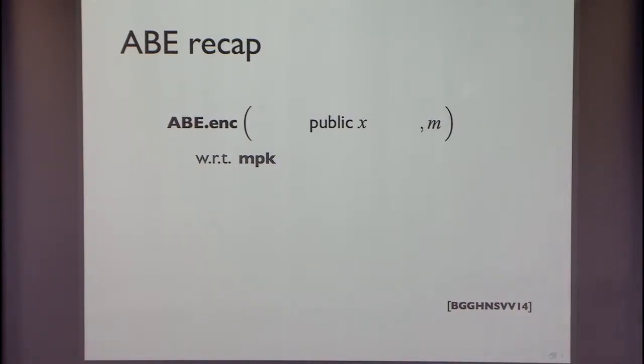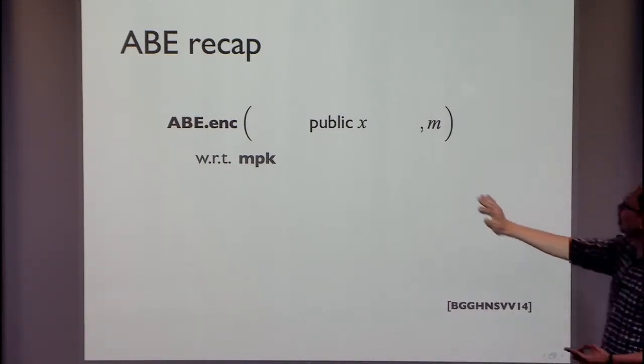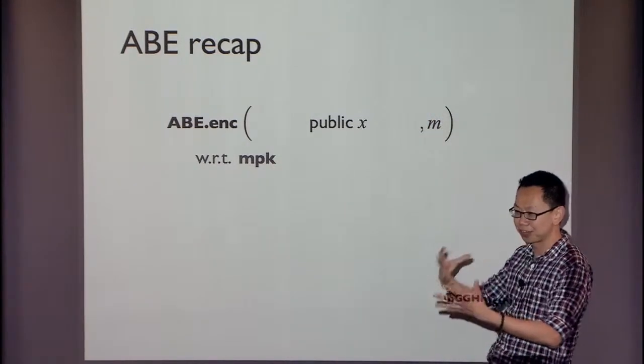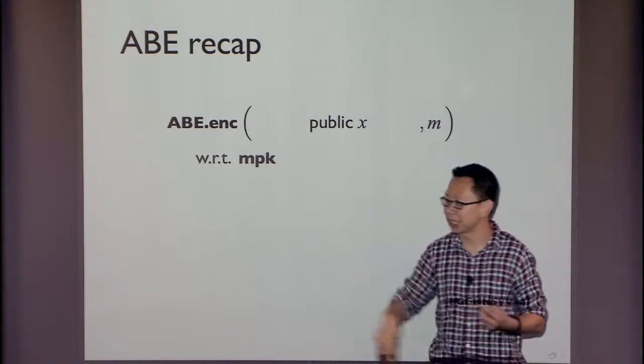So here's a quick recap. The starting point of our construction is the ABE scheme that Vinod talked about. We think of ABE as an encryption algorithm that takes a public index X and a message M and outputs a ciphertext with respect to some public key.